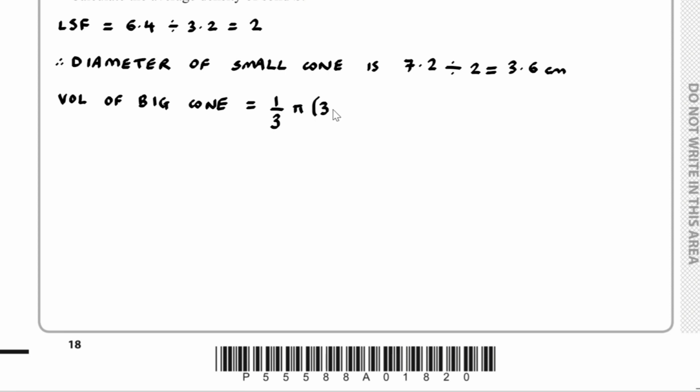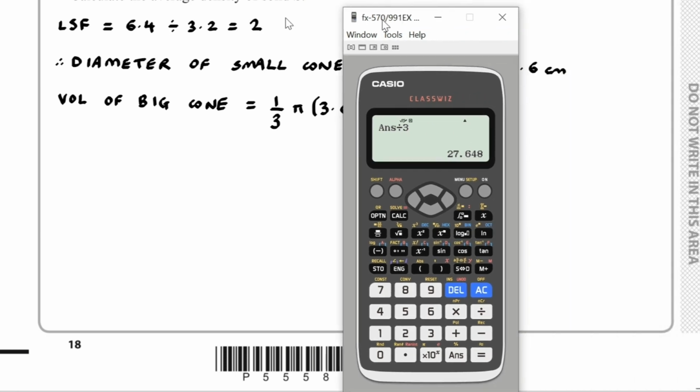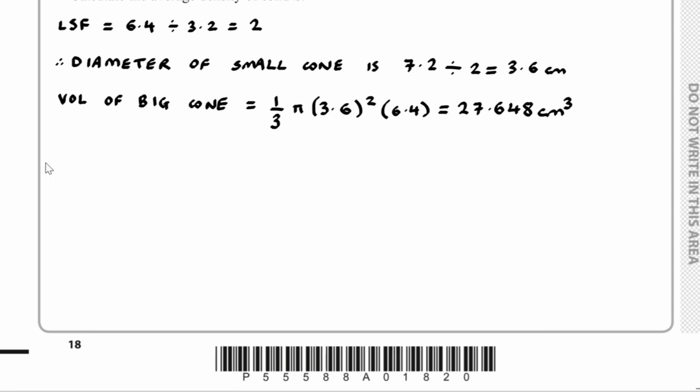So I've got 3.6 squared times the height of it, which is 6.4. So let's work out the volume of the big cone. I've got 3.6 squared times 6.4 divided by 3. So it turns out I get the volume of the big cone equaling 27.648 pi centimeters cubed.